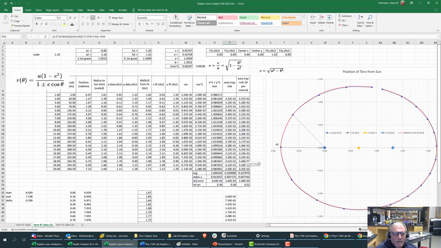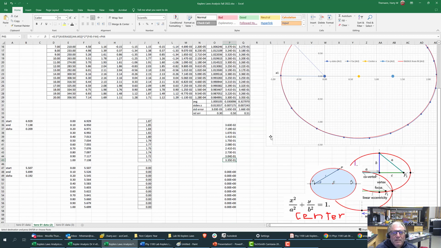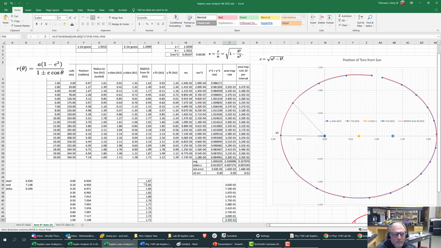So I took this and copied it, and then paste value for each interval. This is the last one here, see? And that's 3.35.